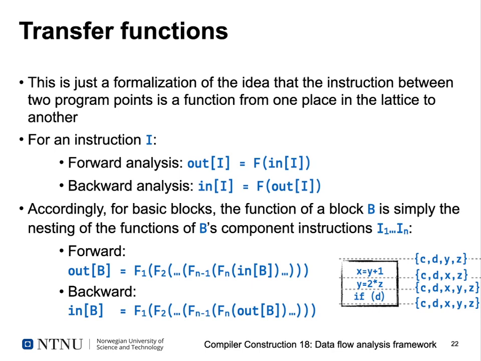And if we defined it for single instructions, in turn, we can now define it for basic blocks here. So the function of a basic block B is simply the nesting of the functions of all the component instructions I1 to IN of our basic block B. So if we have a basic block B here, we just split it up into its single instructions, and then we can consider for our forward analysis what happens when we go down our list of instructions in our basic block.